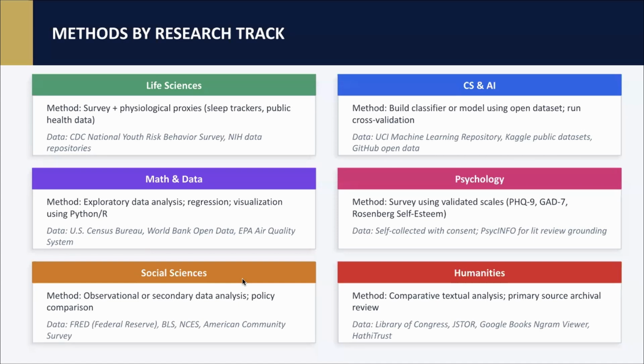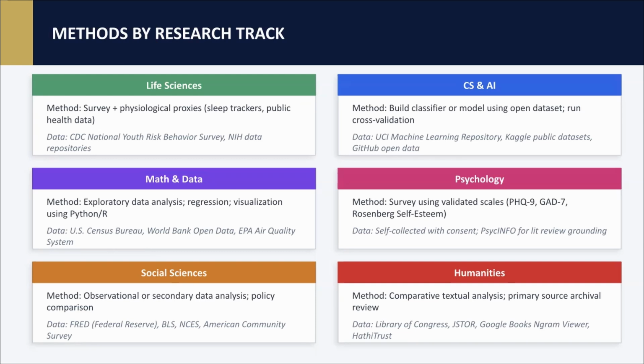So, methods by research track. Life sciences. Method: survey and physiological proxies, sleep trackers, public health data, etc. CS and AI. Method: build a classifier or model using an open dataset, and run cross-validation. And then math and data. Method: exploratory data analysis, regression, visualization using Python.